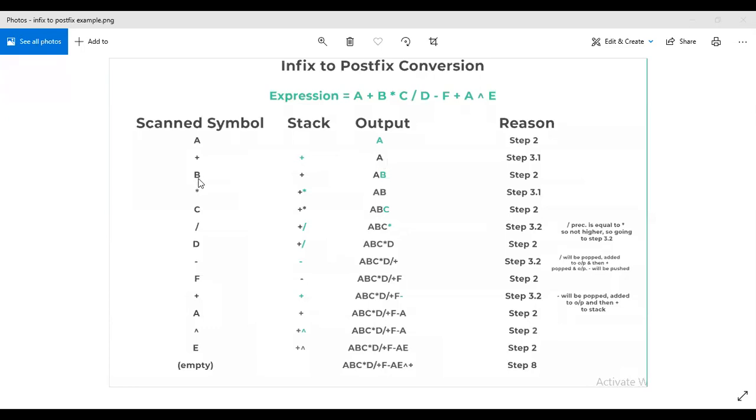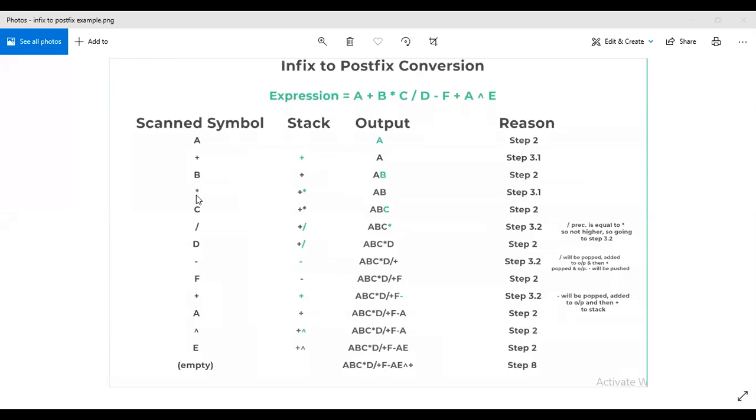Next element that I scanned is B. It is an operand, so I will just print it as output. So A, B is printed. Next operator is star.